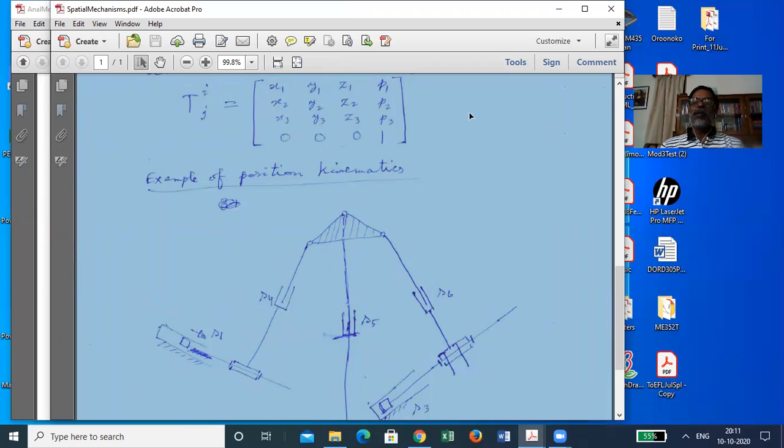Then we will be able to express the position and orientation of this body. And then using that, we can get the position vectors of this, this, and this.